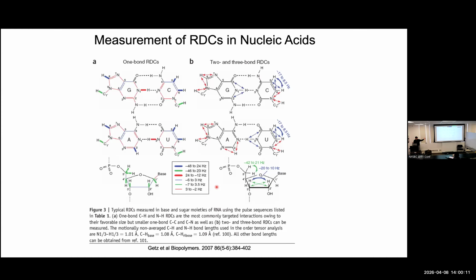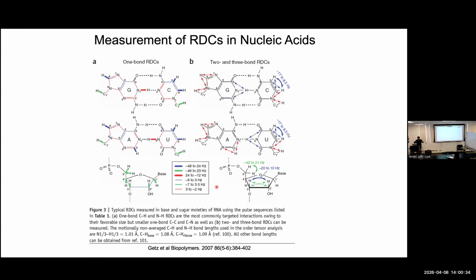Every bond vector has the P2 cos squared theta minus 1 over 2 dependence. So there's really no value to one over another. If you're looking at a base, any bond vector on the base tells me something about the angular orientation of the base. There's really no particular value for one bond vector versus another in terms of the theta distribution. They're all telling me something about the base.